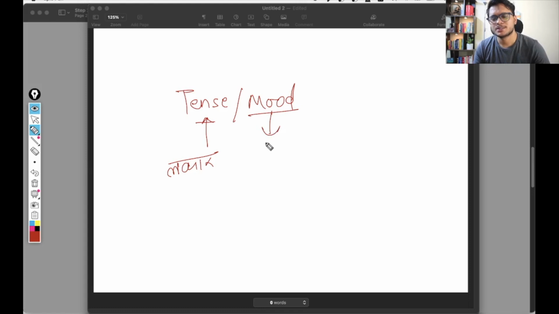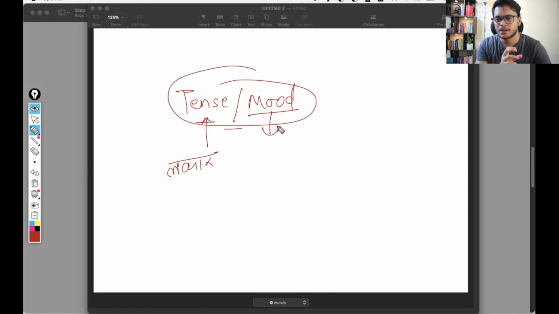And mood is in what sense it is said. I can say to you as an order, study, that is an order. Or I can say please study, that is a request. So based on that also the verb changes its form. What those tenses and moods are, how we will use them, and all the different forms of the verb, as we use them we will remember them.